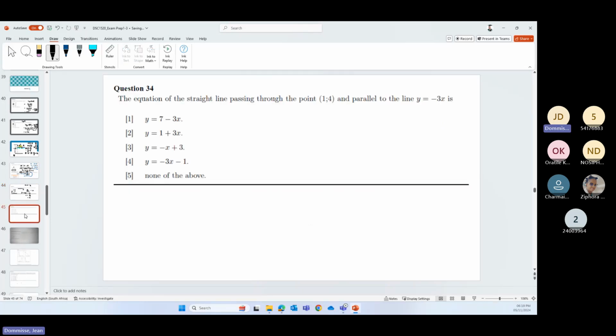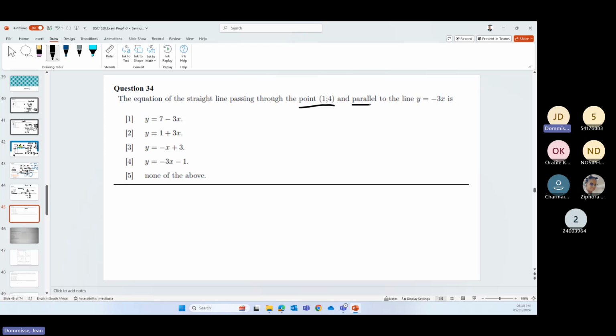Okay, then we have questions on straight lines, where they ask us: the equation of a straight line passes through this point and is parallel to the line y is equal to minus 3x.